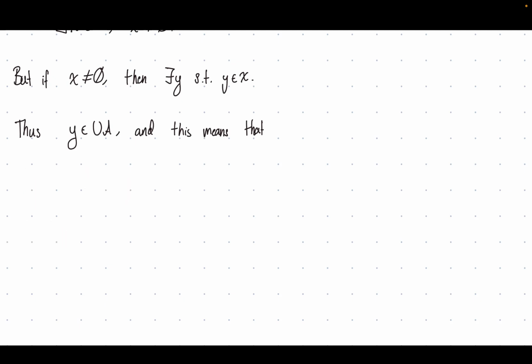Then y is in the union of A. It means the power set of the union of A is equal to what? This is x such that x is a subset of the union of A.